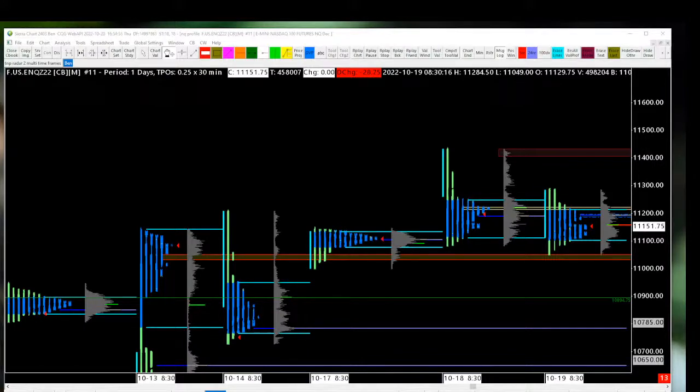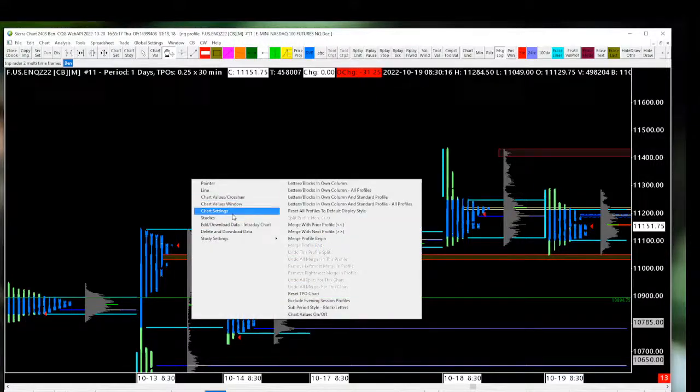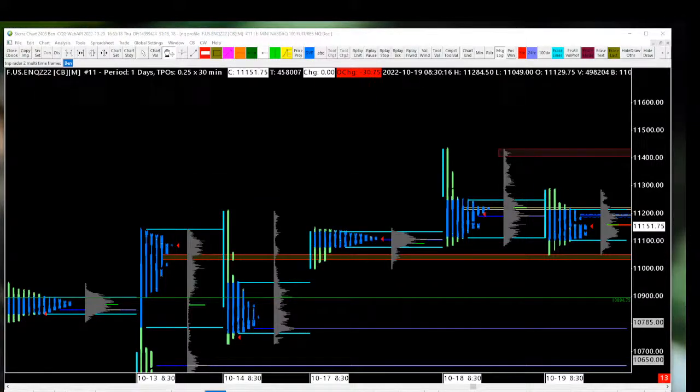Yeah, so the way Simon teaches is to not consider the overnight. He only trades the regular trading session, and he does not consider overnight action as important. I differ there. I know it works for him, but I prefer having the evening session in addition.